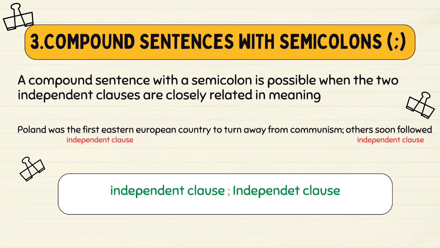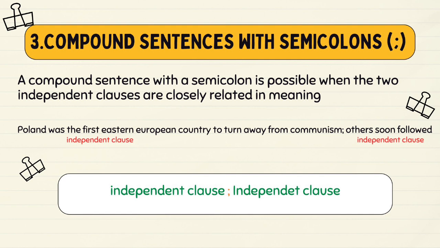The third one, compound sentence with a semicolon. A compound sentence with a semicolon is possible when the two independent clauses are closely related in meaning. For example, Poland was the first Eastern European country to turn away from communism; others soon followed.